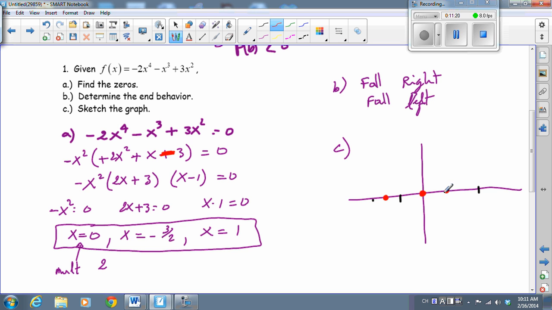And 1 also is a solution. Now, since it falls right and falls left, I know that the end behavior on both will be falling. And in order to fall, they have to cross also on this area. So it will look like this. I don't know what happens up there, but it's got to come back up as follows.